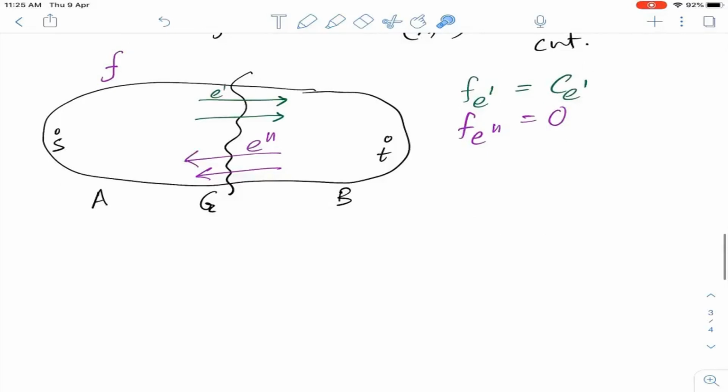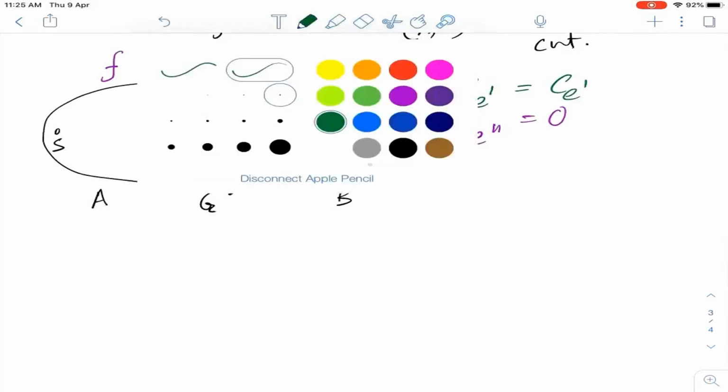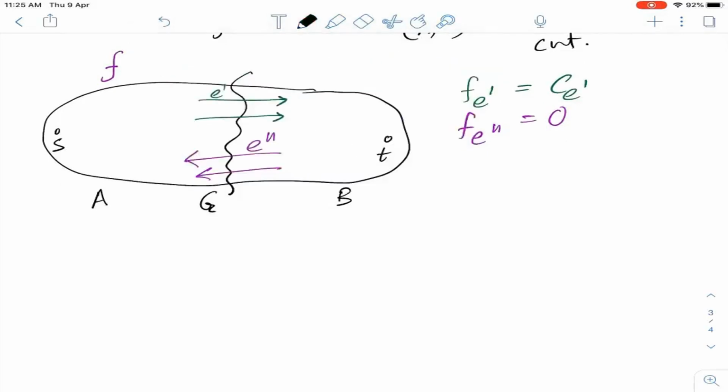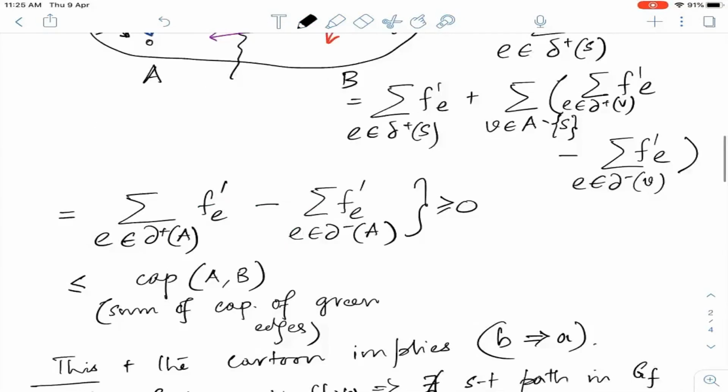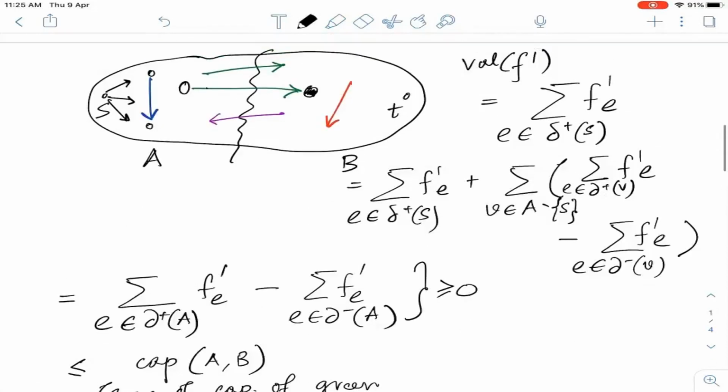Now, if this is true, what will happen? Let's go back to this bunch of equations that we had written. What we wrote here is the value of any flow; we started with the value of the flow and arrived at this kind of situation.